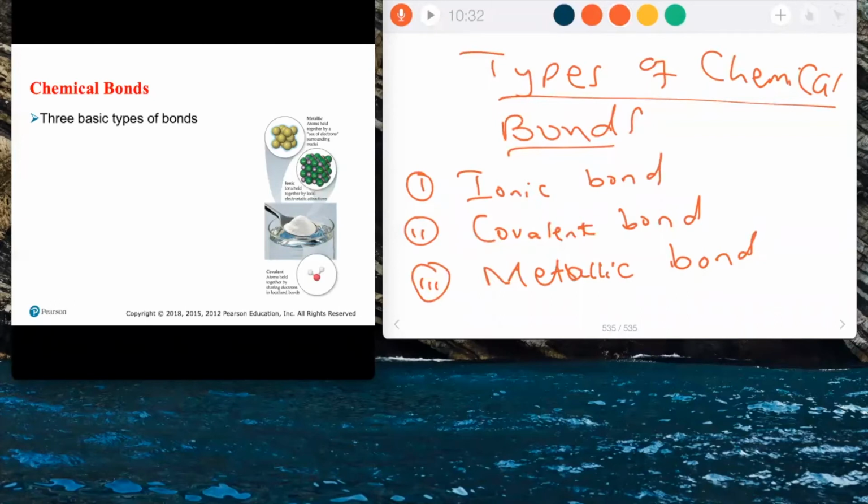This is a metallic bond, where atoms are held together by a sea of electrons. Ionic bond is a type of bond where there is this transfer of electron from a neutral atom to another neutral atom, and of course electrons are negatively charged.